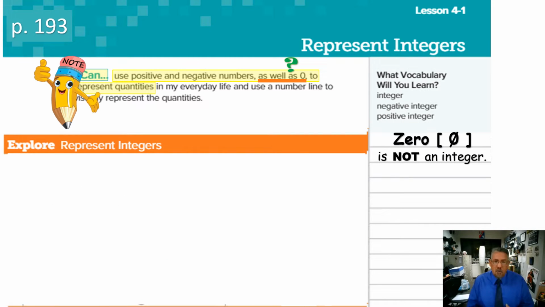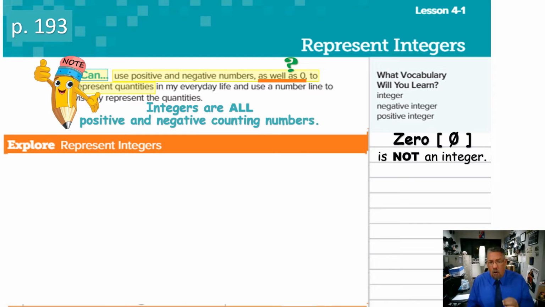So when it comes to counting, this is another note that I would like you to add. Integers are all of the positive and negative counting numbers. I don't start counting with zero, therefore zero is not an integer. Now that doesn't mean that it's not a number, and we'll get into that here in just a moment.